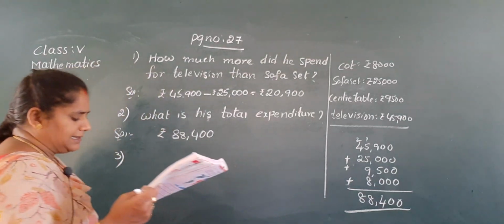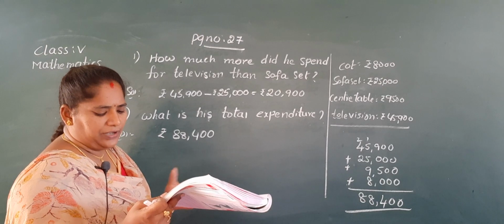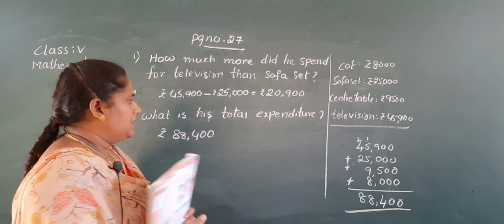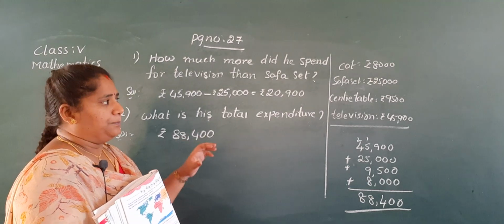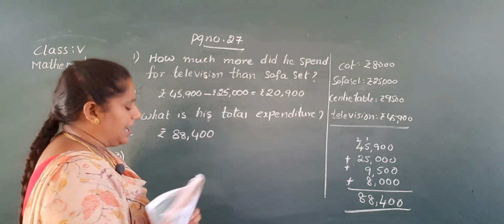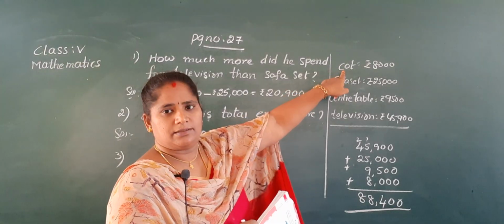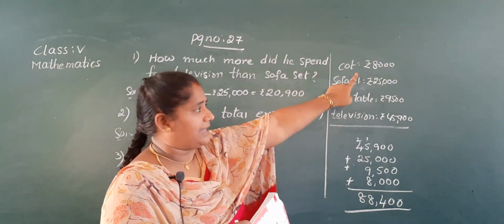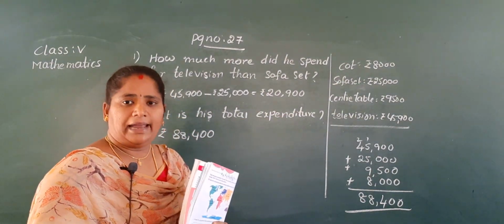And third one, what would the total expenditure have been if we had not bought the cot? The total expenditure is 88,400. If we had not bought the cot, you have to subtract the 8,000 rupees from 88,400.